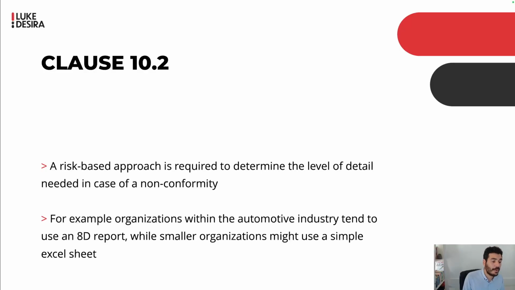A risk-based approach is required to determine the level of detail needed in the case of a non-conformity. For example, organizations within the automotive industry tend to use an 8D report, where smaller organizations might use a simple Excel sheet. Honestly, I think that in the automotive industry, companies should only use an 8D report if they are requested to by the client.